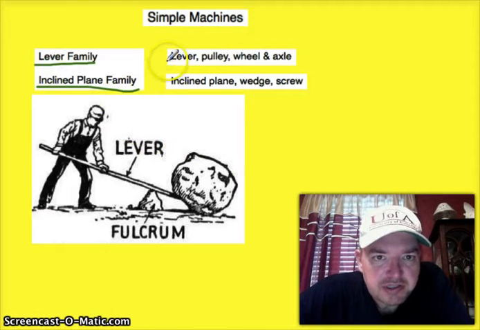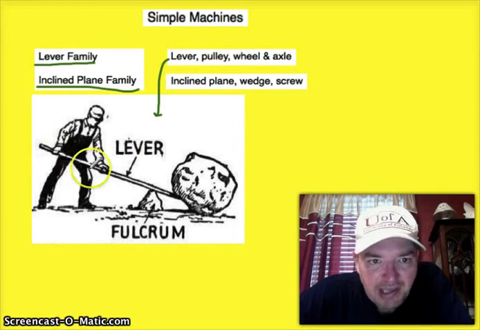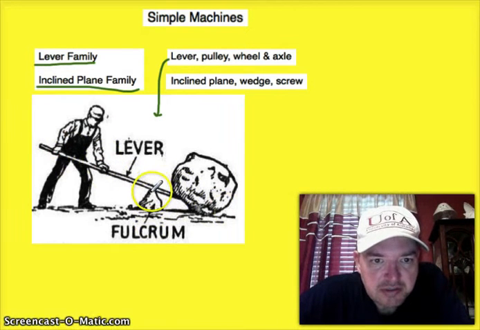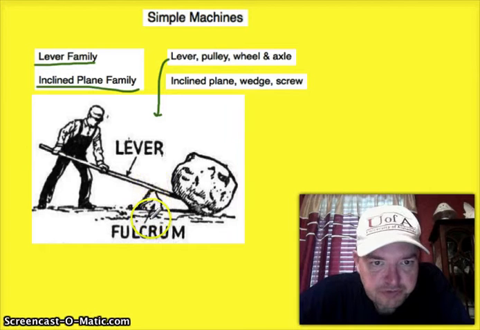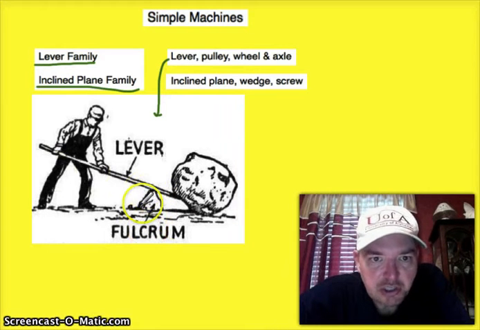First example, of course, is going to be the lever. Now a lever here is going to be some kind of flat object like a stick or something that you can set on a fulcrum, which of course can be a rock or many things you could set up under the stick to help.